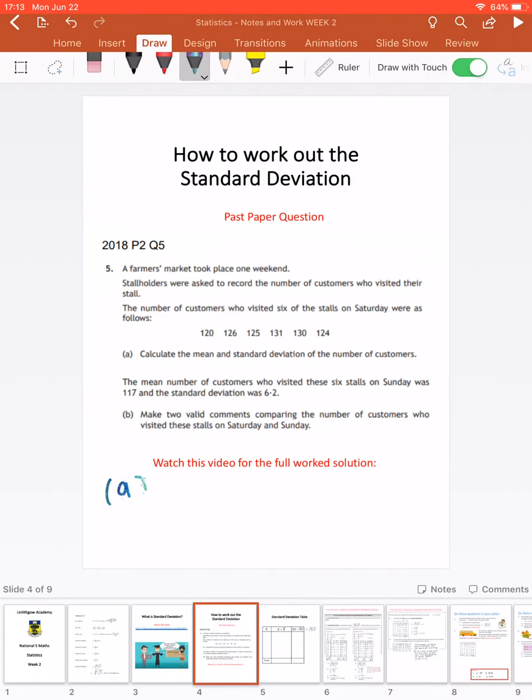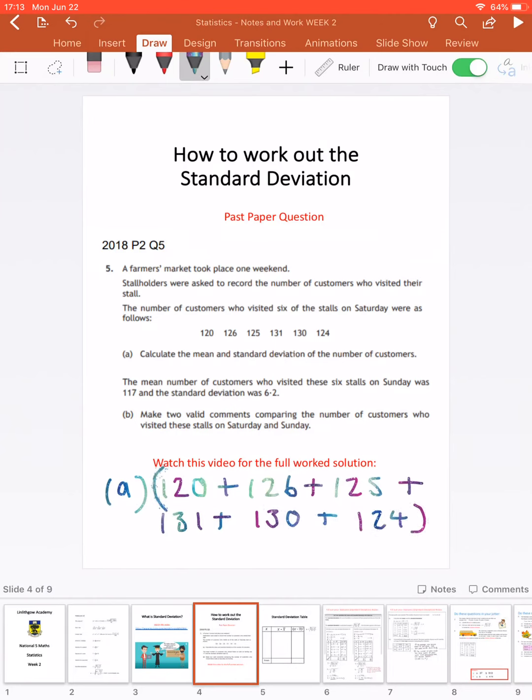So if I was to do working here on this page, my working is just going to be 120 plus 126 plus 125 plus the rest of the numbers. There are 6 numbers there. So to calculate the mean, you add up all the numbers, then you divide by the total amount of numbers.